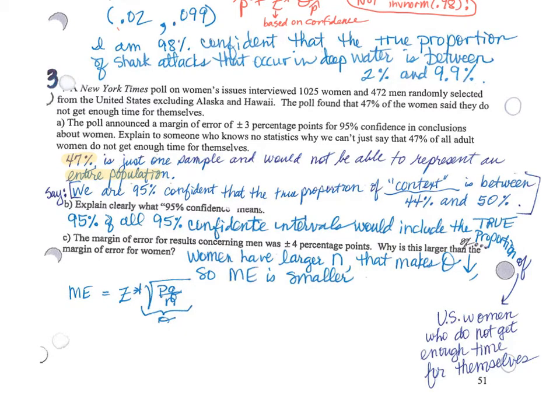You can make a range of values. For example, here's what we would say. I am 95% confident that the true proportion of U.S. women who say they don't have time for themselves is between 44 and 50. Now, how did I get that estimate, 44 to 50?